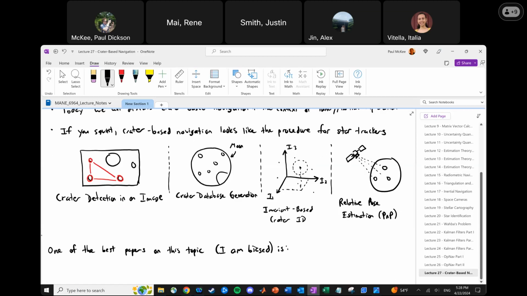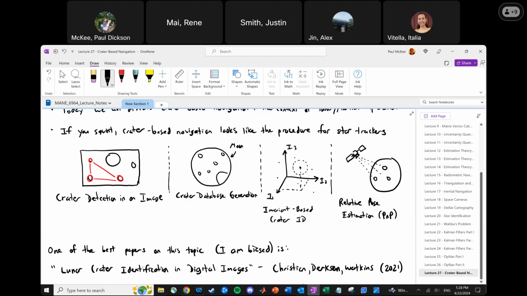It is called Lunar Crater Identification in Digital Images, by Christian, Derksen, and Watkins. And this was published in 2021. And I guess I should say Anne McKee, because I'm mentioned in the acknowledgments of that paper.